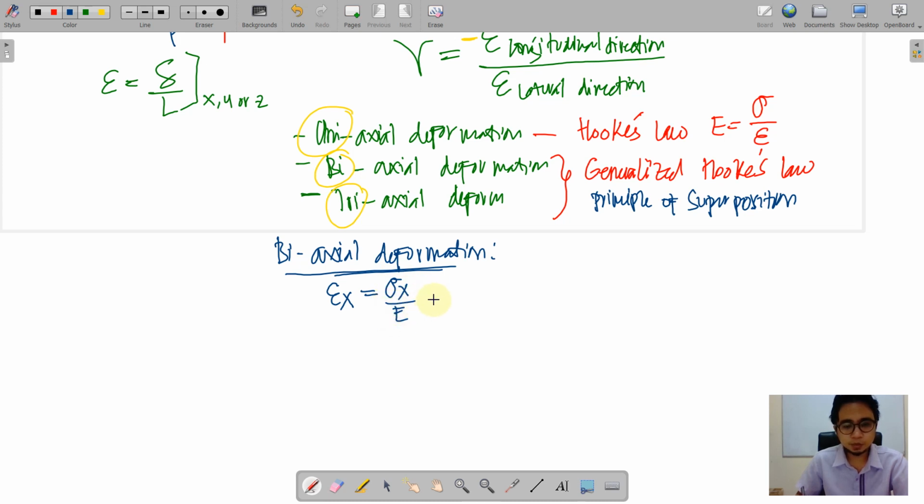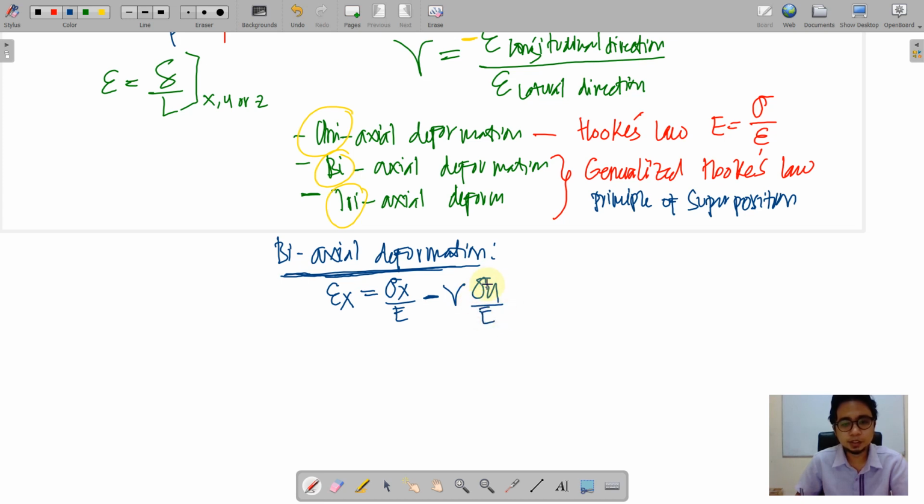We'll just have to subtract the strain on the other lateral axis. Where's that lateral axis? The axis where another loading is applied. Say if we have a lateral axis, say y, we will just multiply it by the strain of y.